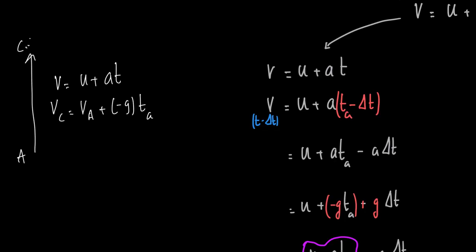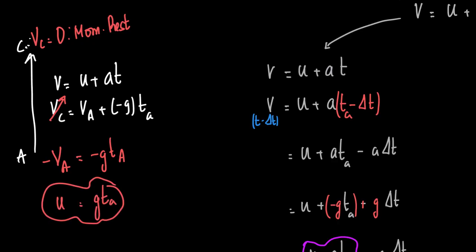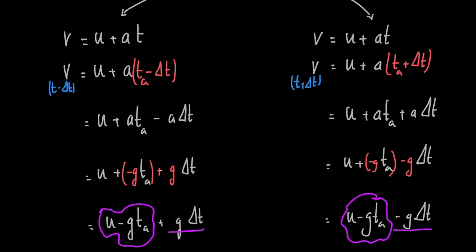At the maximum position, the velocity at C is equal to 0, because it is momentarily at rest. Therefore, VC is equal to 0, which gives us minus VA is equal to minus g TA, and VA we assumed here as u. So u is equal to g TA.